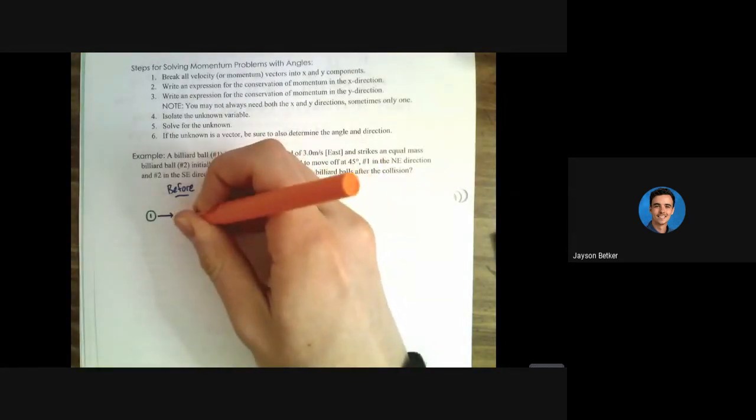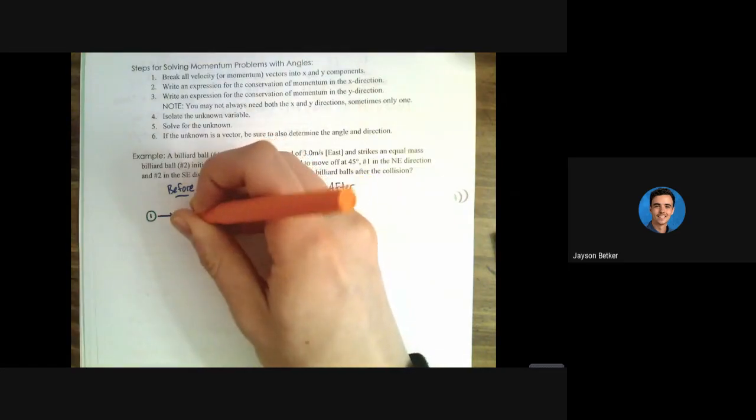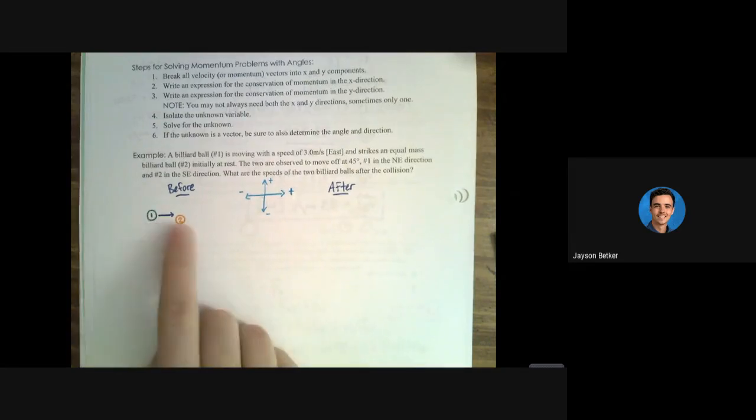And then what it does is it strikes another billiard ball. I'm going to put it just down a little bit, and I'll explain why I'm doing that when we get to the after section. It strikes another one. We'll call it number 2, like it does in the question. Okay. So this is before. This one's traveling and this one's stationary. This one's not moving. Let's write down everything that we know before.